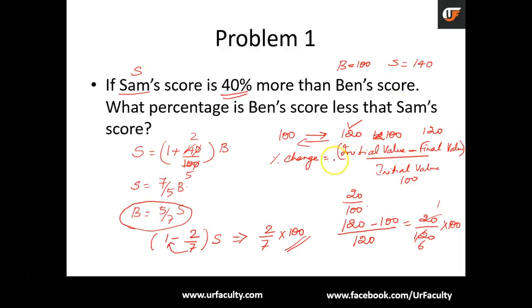So going by this particular concept, the difference between these two scores is 40, 140 minus 100. And what is the base value you are taking here? The base value that you have to take is Sam's score, 140, because Ben's score is less than Sam's score. So 40 by 140 is equal to 2 by 7. And this is exactly what you have got here, 2 by 7. You solve the fraction.